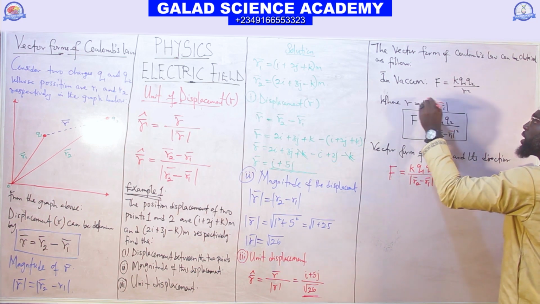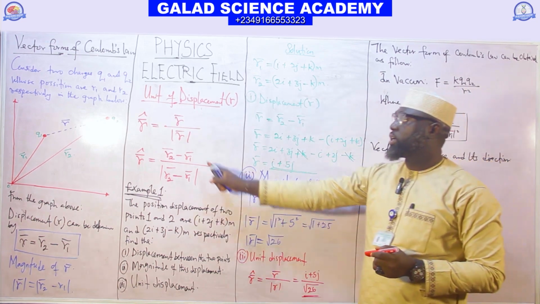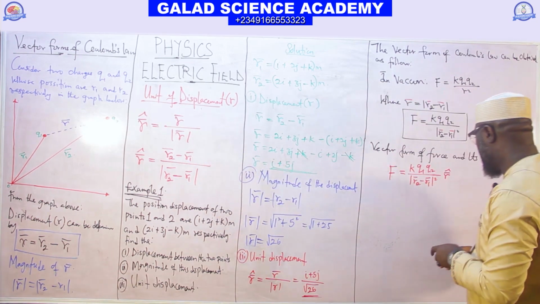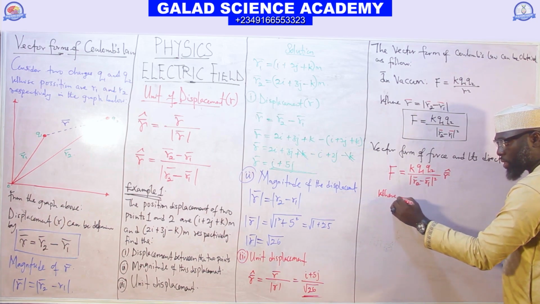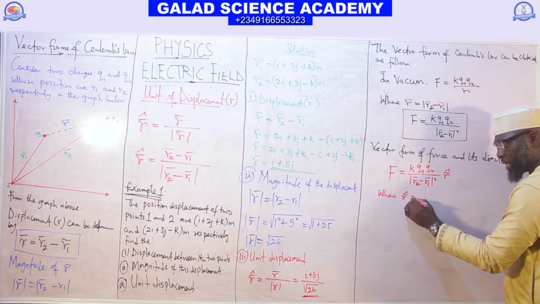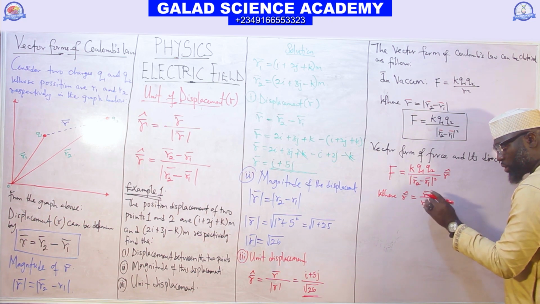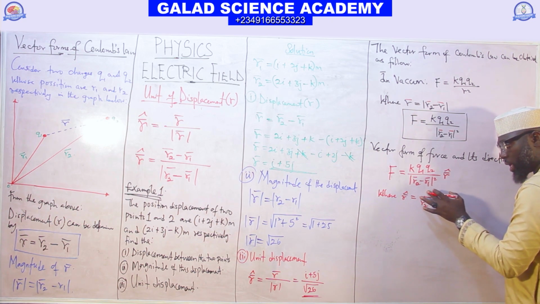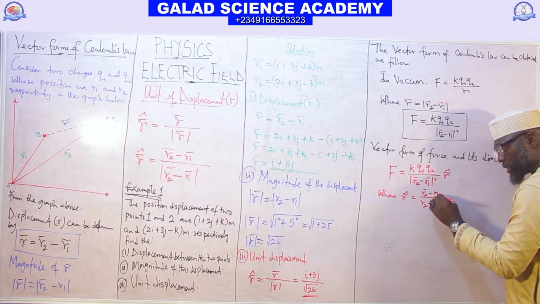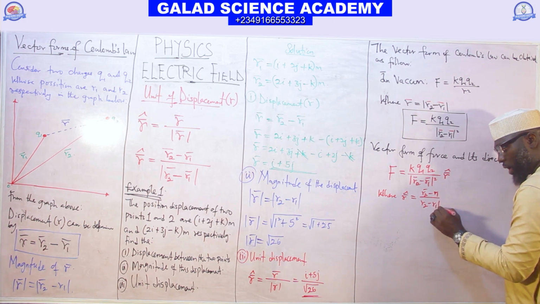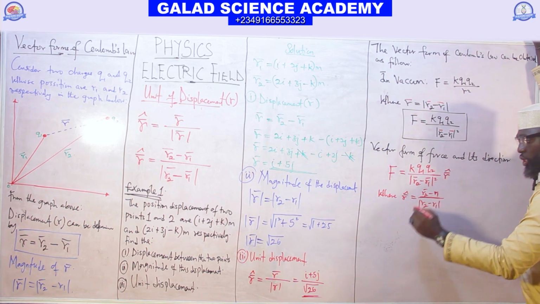Unit of displacement. What is the unit displacement? Unit displacement is displacement over magnitude: R2 minus R1 over the magnitude of R2 minus R1. So you will now substitute for the unit of displacement.